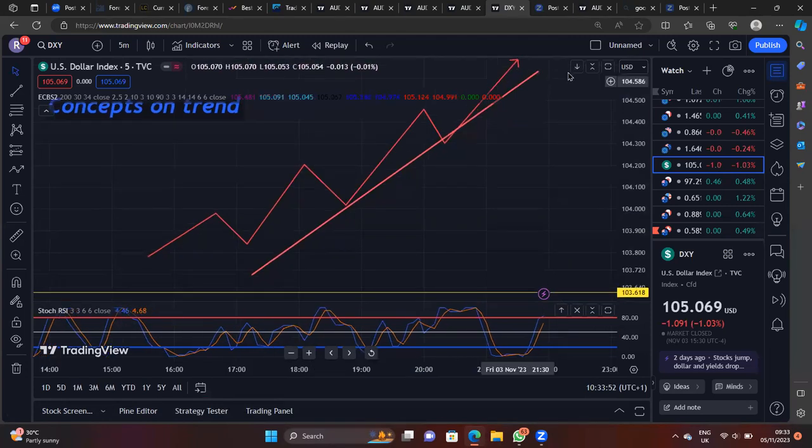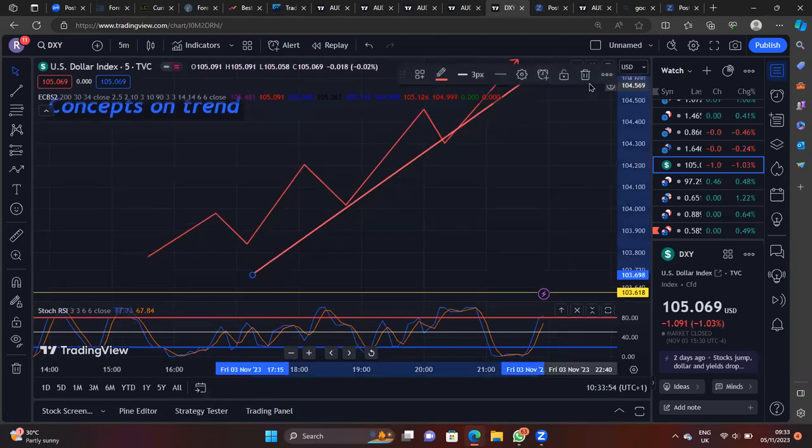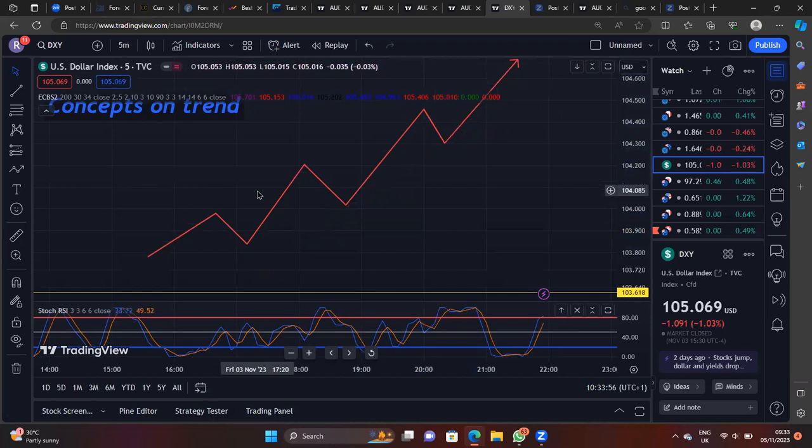But there is something we want to know now. This trend, these formations, up and down movement, won't be complete or won't exist in the first place without a particular pattern.